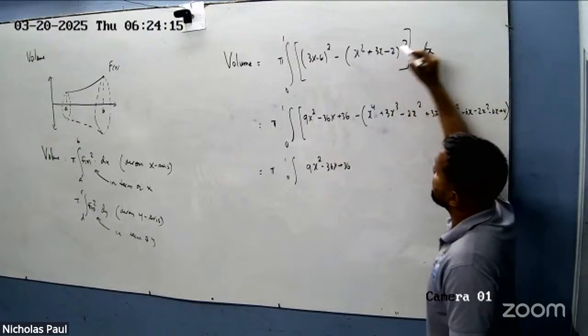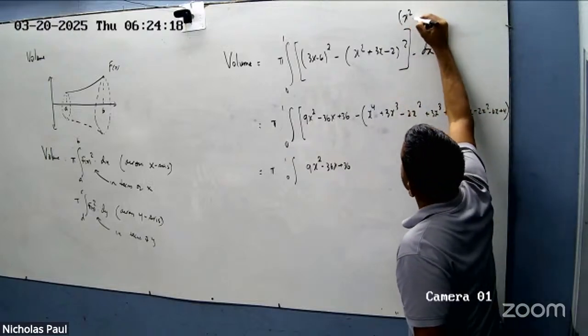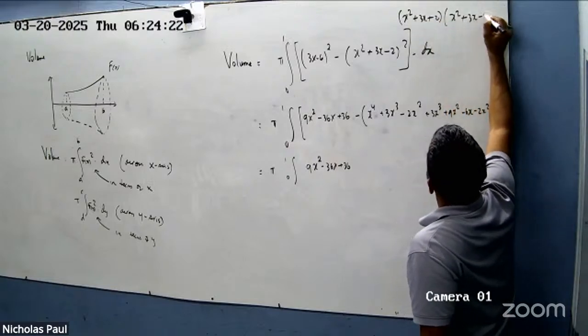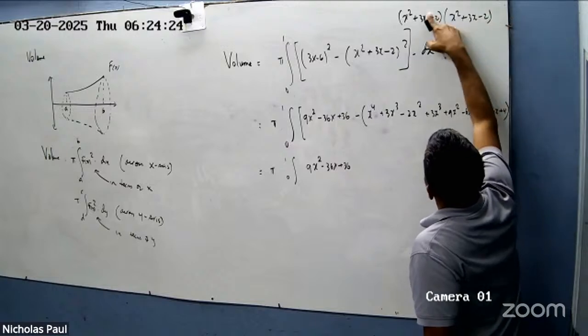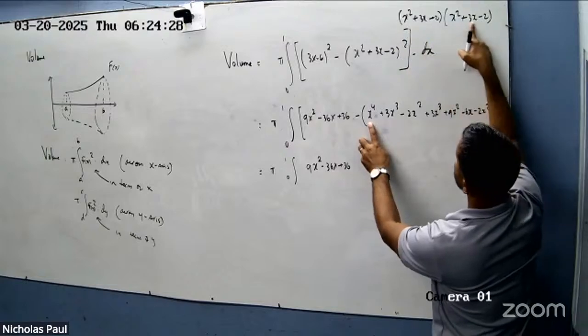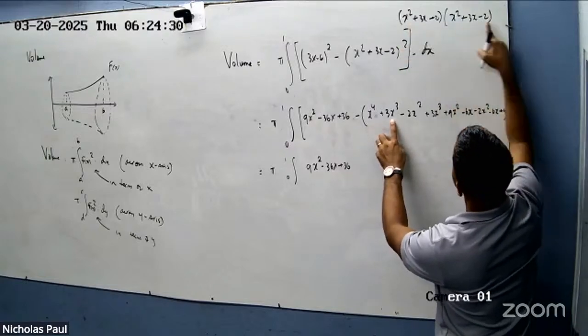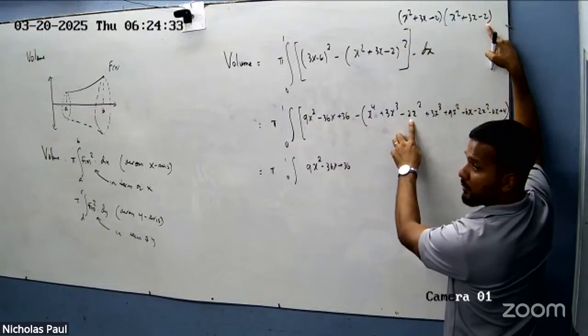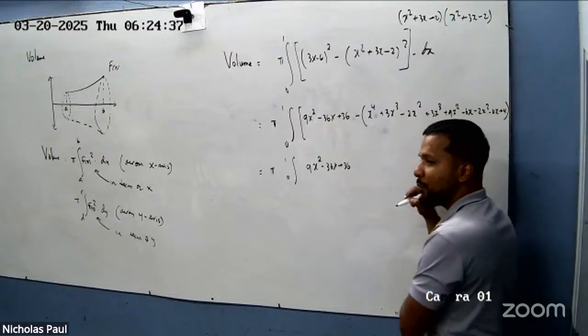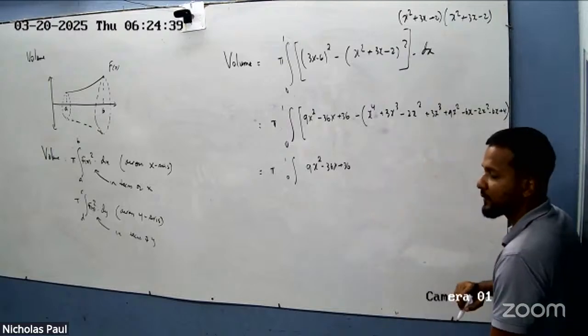Because remember, it will be what? This by this is this. This by this is this. This by this is this. Correct? By the next two terms, that's what I'm saying. So it's three terms in order.